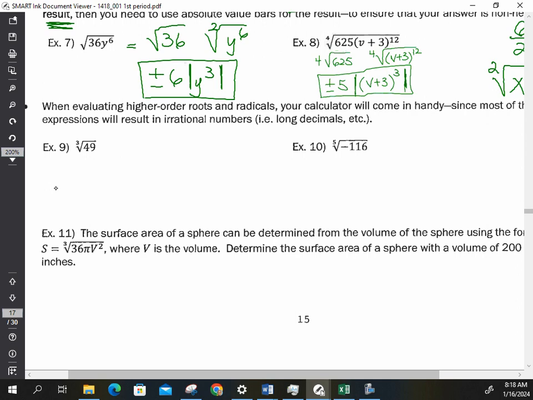So, problem 9, we have the cube root of 49. In the case of that particular problem, that one is actually fairly easy to navigate and to work with. So let me pull up my calculator here.